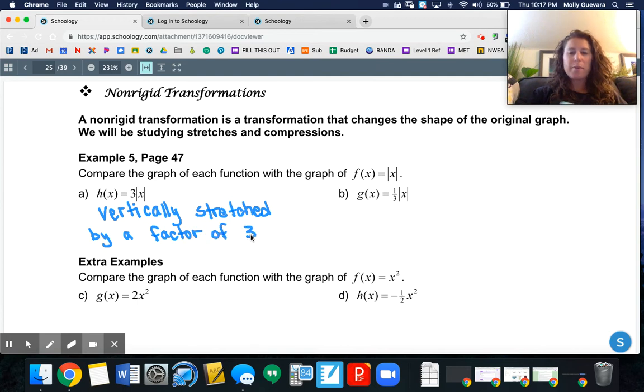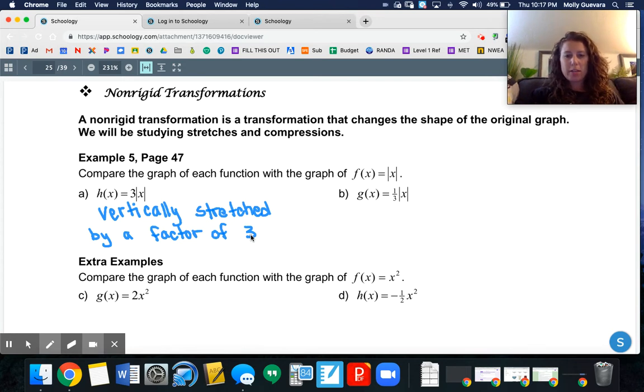Okay, so what we mean by that is, let's say that I have a parabola, right? If I take the top of my parabola and I stretch it vertically, so I pull it, that parabola is going to get more narrow because I'm pulling at it vertically. Okay, so a vertical stretch is going to make the parabola more narrow.